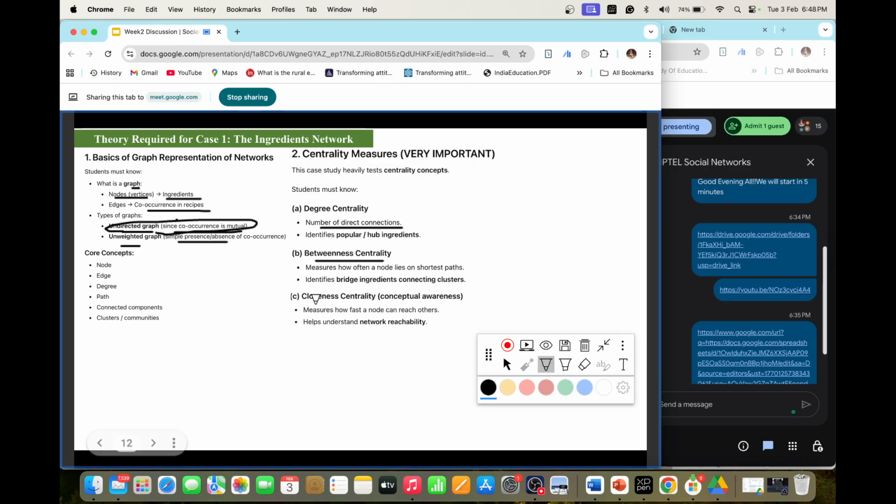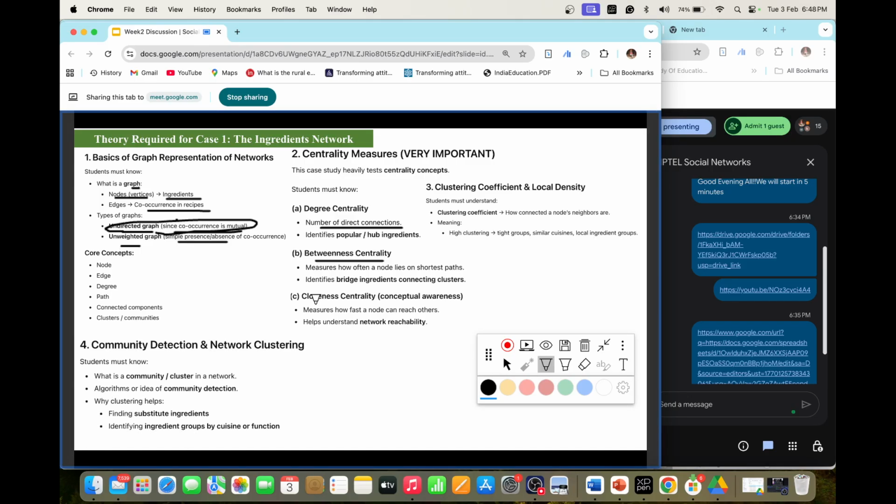And last, closeness centrality measures how fast a node can reach others, helping understand network reachability. The third concept is the clustering coefficient and local density: how connected a node's neighbors are. High clustering means tight groups, similar cuisines, and local ingredient groups.